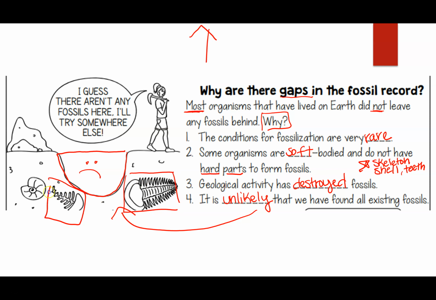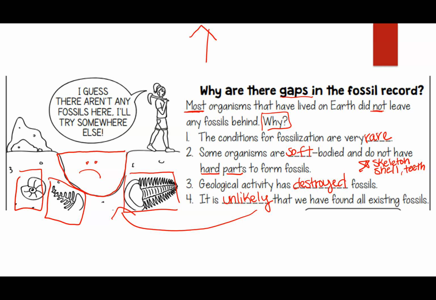They just didn't dig in the right place. Okay, that's all we're saying. So it's important to remember we don't have a complete fossil record, but we are making scientific guesses based on what we do see. All right, let's continue.